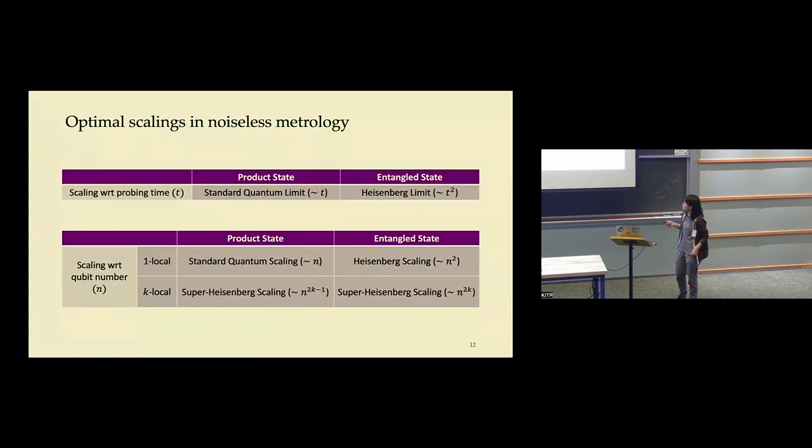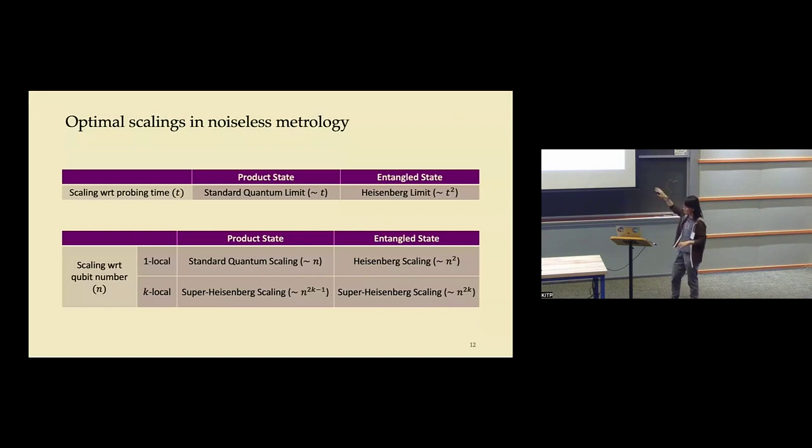Okay, so just to summarize a little bit here, we consider two types of estimation limit. The first one is with respect to probing time, and the second one is with respect to the qubit number. Maybe we can just forget the first table because this will be clear later, and I think this table is wrong, but basically we can look at the second table here.